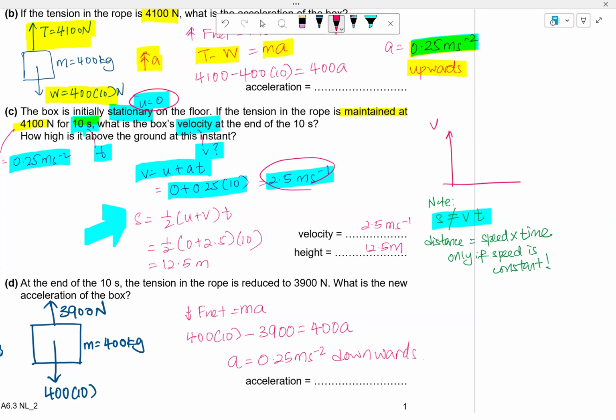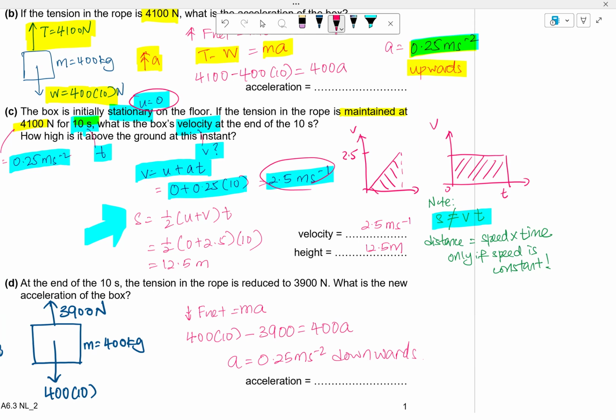If velocity is constant, you can say displacement is that constant velocity multiplied by time. However, in this case velocity is increasing from 0 to 2.5, right? So you can see the area under the graph for these two cases is clearly not the same.